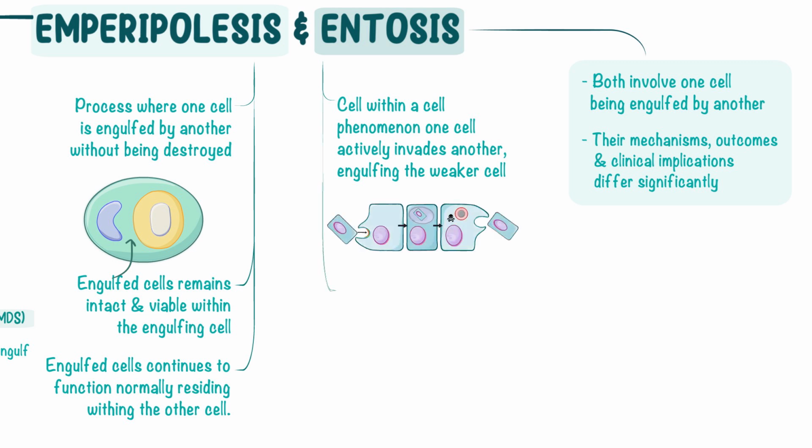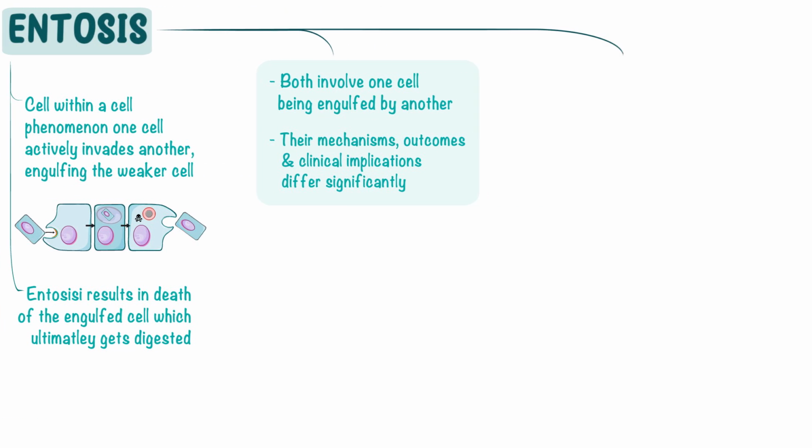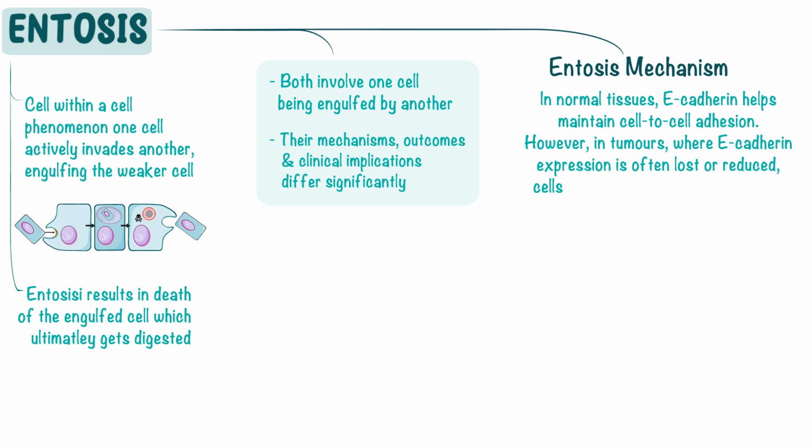Unlike emperipolysis, entosis results in the death of the engulfed cell, which is ultimately digested by the engulfing cell. Entosis is closely associated with the adhesion molecule E-cadherin. In normal tissues, E-cadherin helps to maintain cell-to-cell adhesion.